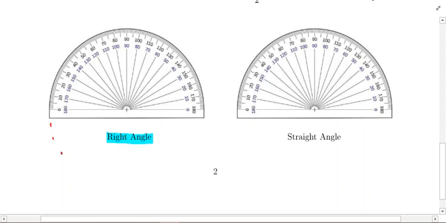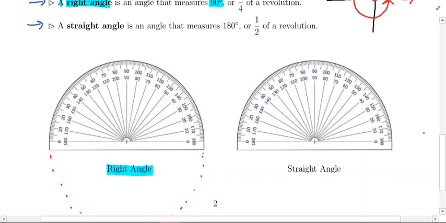You could complete this out, draw the bottom half of the circle, and you would have a full circle. Remember there's 360 degrees in a full circle, and we're only dealing with half the circle. So if you divide this by 2, the protractor is going to have 180 degrees on it. That's why there are 2 sets of numbers.